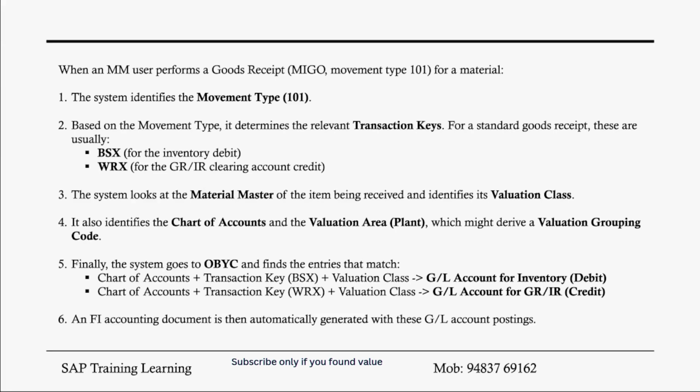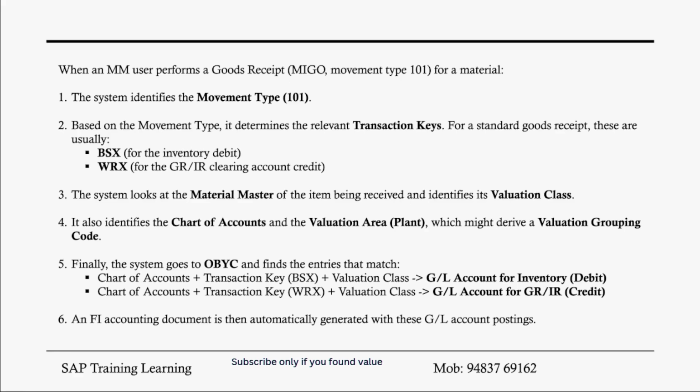But now let's take one example. When you receive a goods receipt for finished products with movement type 101, the transaction keys will be the same.